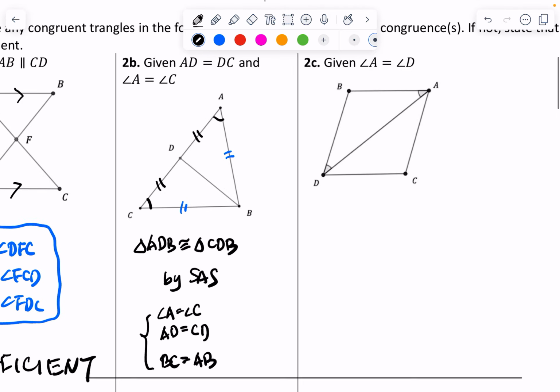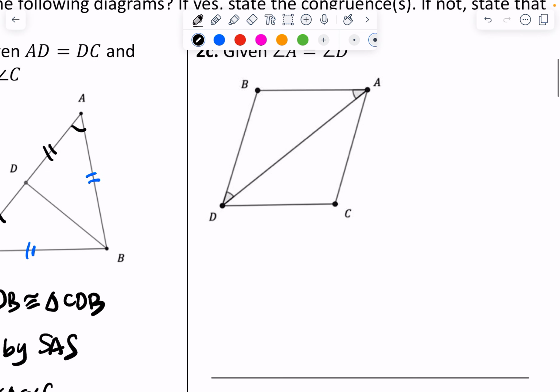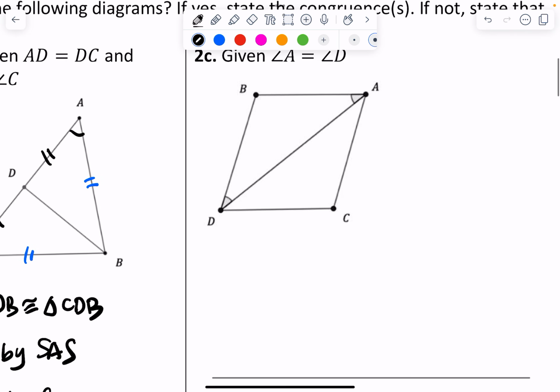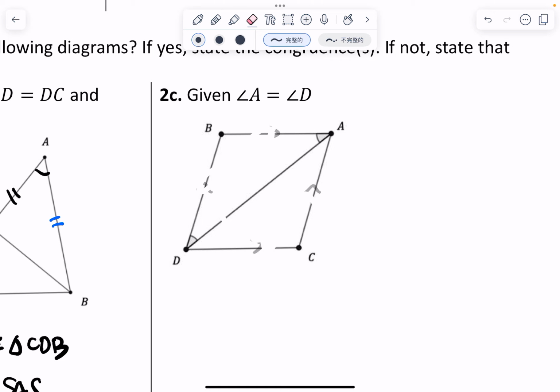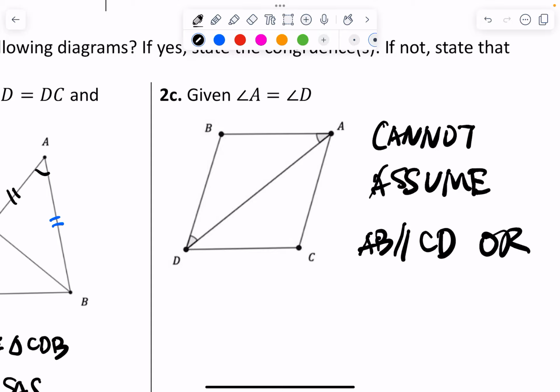Last one, given that angle A equals angle D. This one is actually insufficient, because we are not given at any point that these two are parallel or these two are parallel. We are not given that. So we cannot assume, right, let me write it in all caps, cannot assume AB is parallel to CD or AC is parallel to BD.